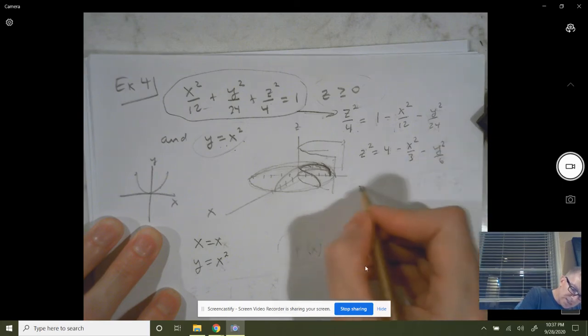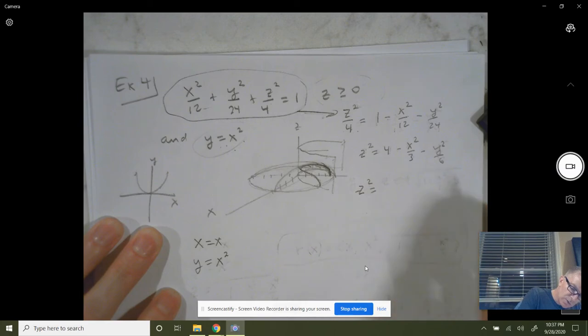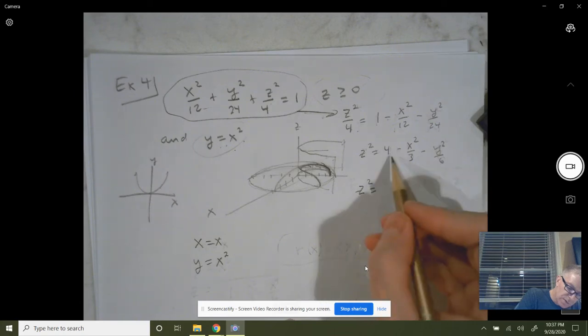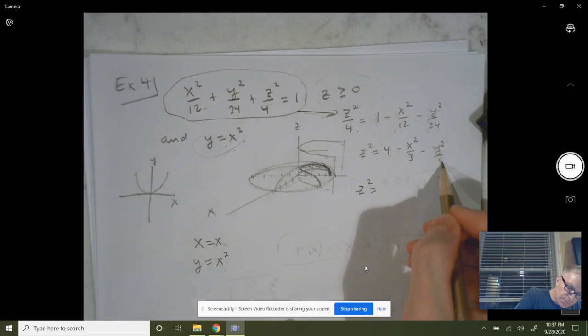Okay, so let's get common denominators here. Let's try putting everything over 12.